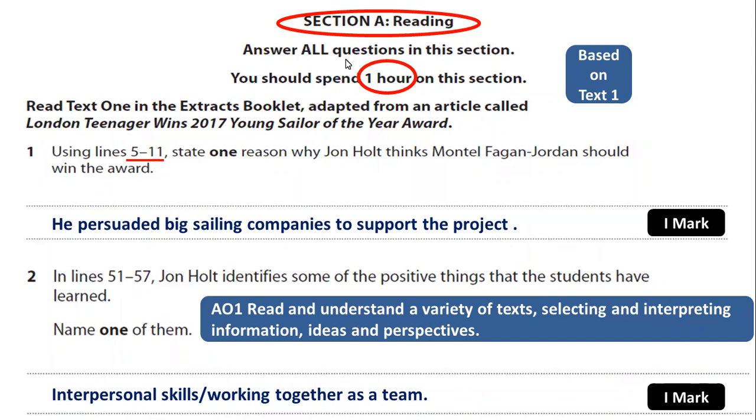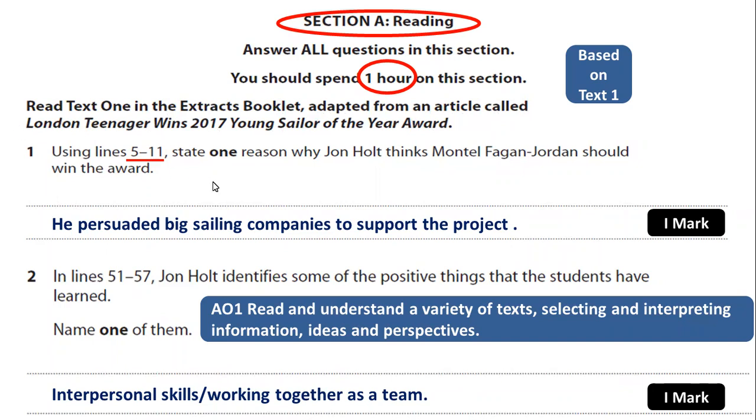Let's read. You have 1 hour for this section, that is Section A. Read Text 1 in the extracts booklet, adapted from an article called London Teenager Wins 2017 Young Sailor of the Year Award. So remember, this is Text 1, and they have asked you a question.